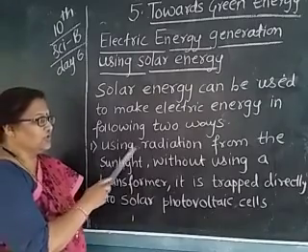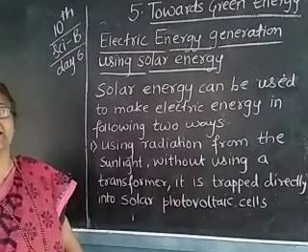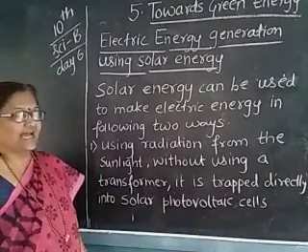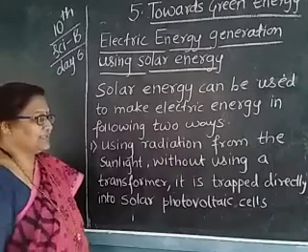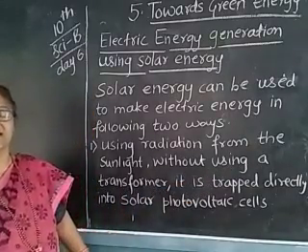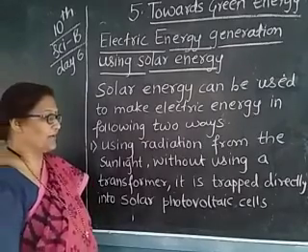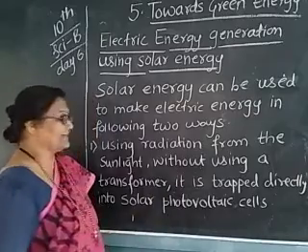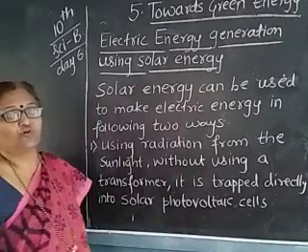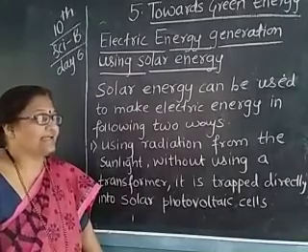First, using radiation from the sunlight. That means you can directly use the sunlight given from the sun, without using a transformer. Here there is no need to use a transformer.